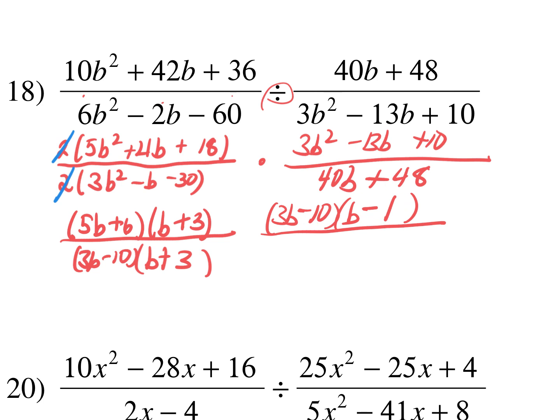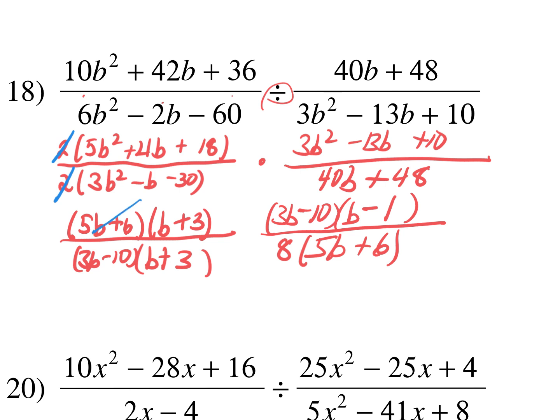And then our last thing here is 40b plus 48. And I see that there's a greatest common factor of 8. And that is going to leave me with a 5b plus 6. So now that we have every place factored, we're looking for where we can create a 1 and cancel.